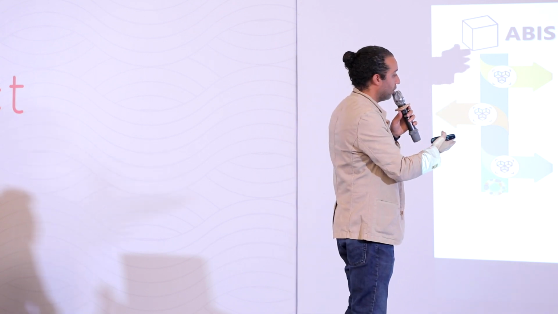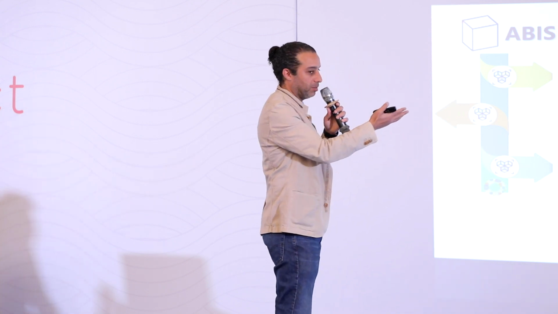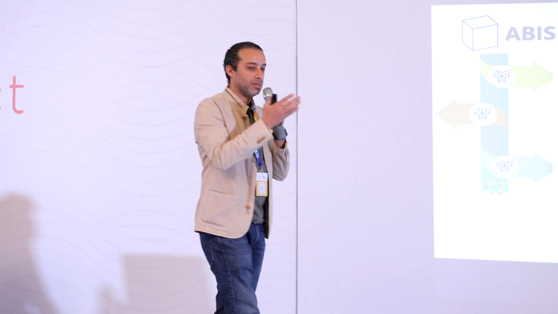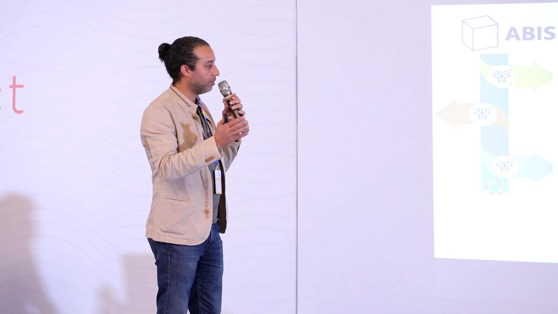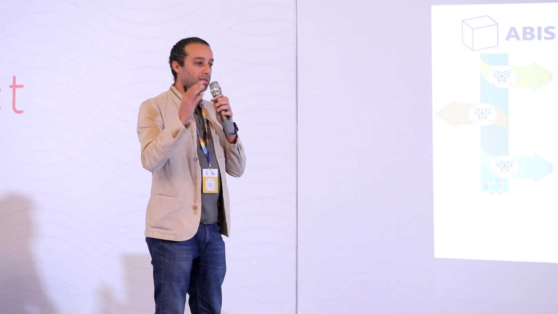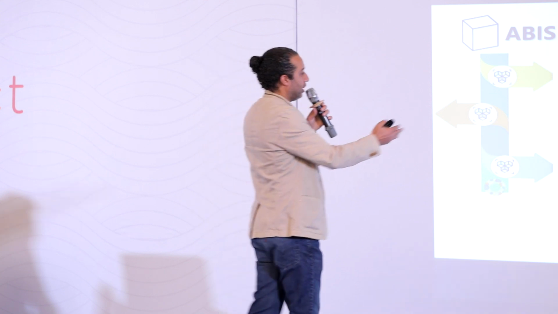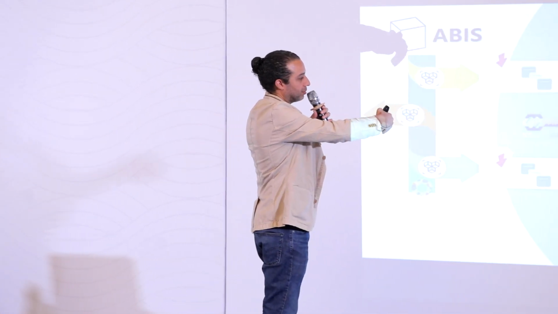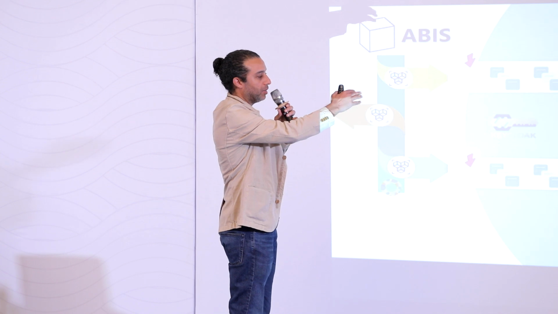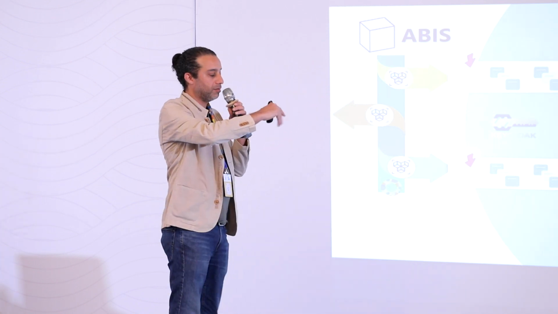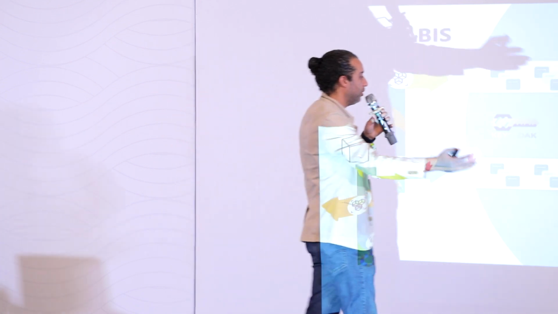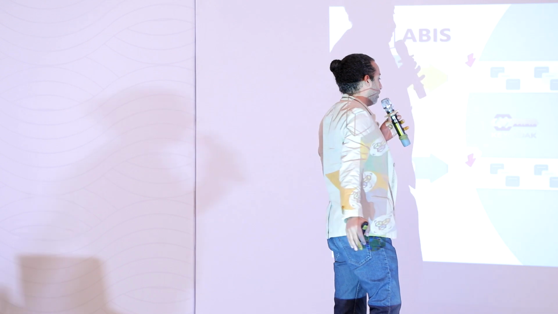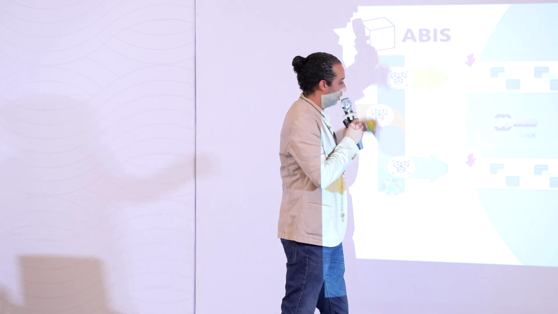It's a standard through a messaging bus and a standard message format or structure in request and response. So here we can see the request going and the response coming. This is ABIS. It can consume multiple types of biometrics, do the deduplication, and then give back the results.